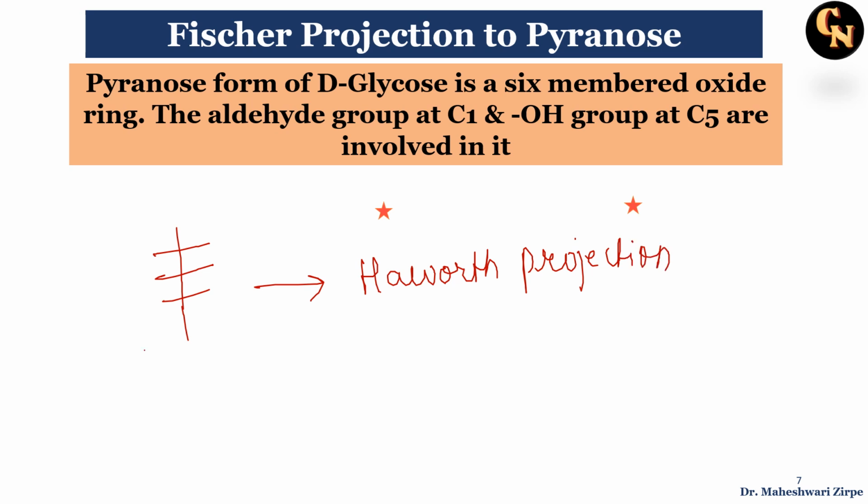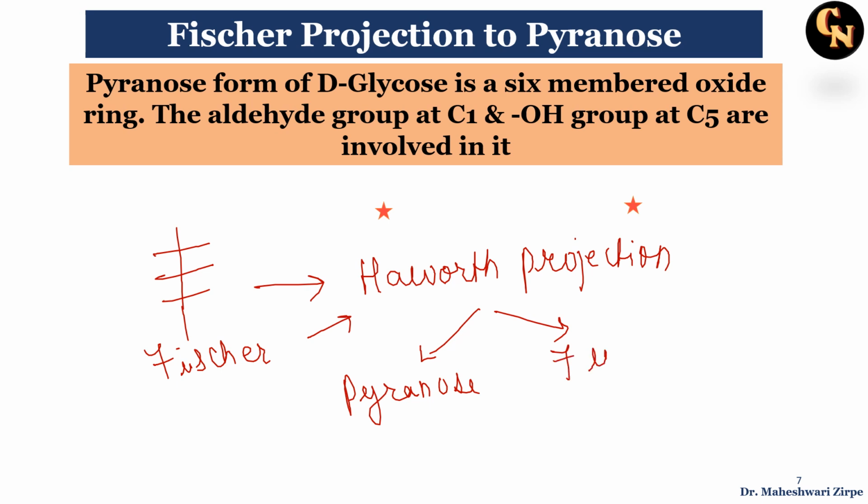We are now going to understand how to draw the Fischer projection as a Haworth projection. There are two Haworth projections we can draw, one is called pyranose, another is known as furanose. Both are basically Haworth projections, which are nothing but ring structures.